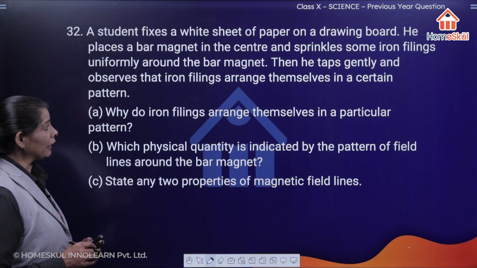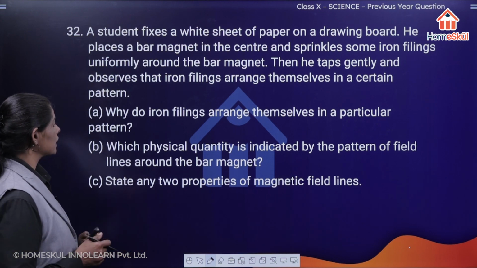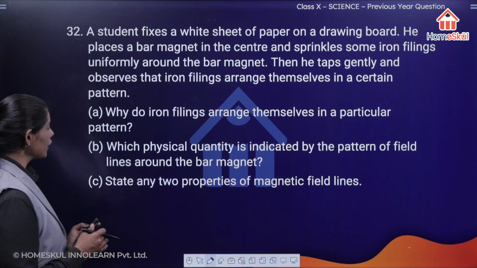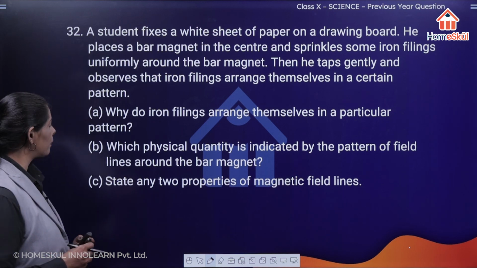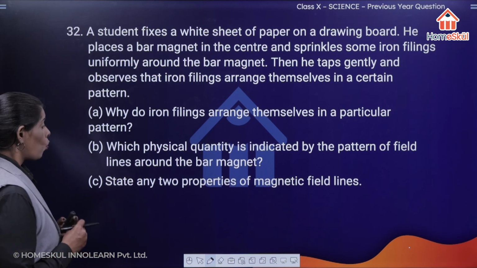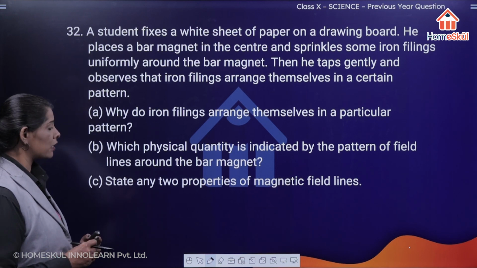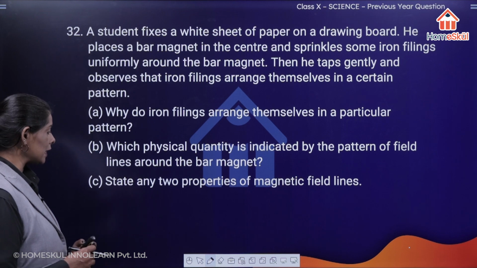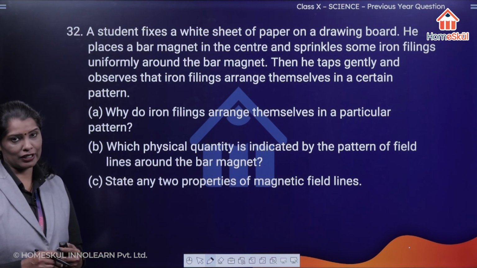Then he taps gently and observes that iron filings arrange themselves in a certain pattern. Now the question says, A, why do iron filings arrange themselves in a particular pattern? B part, which physical quantity is indicated by the pattern of field lines around the bar magnet? And C, state any two properties of magnetic field lines.